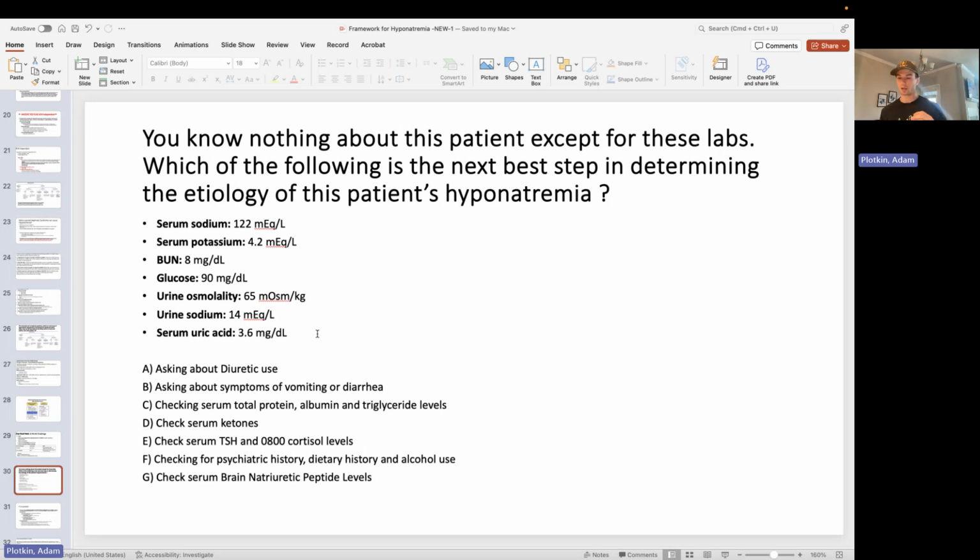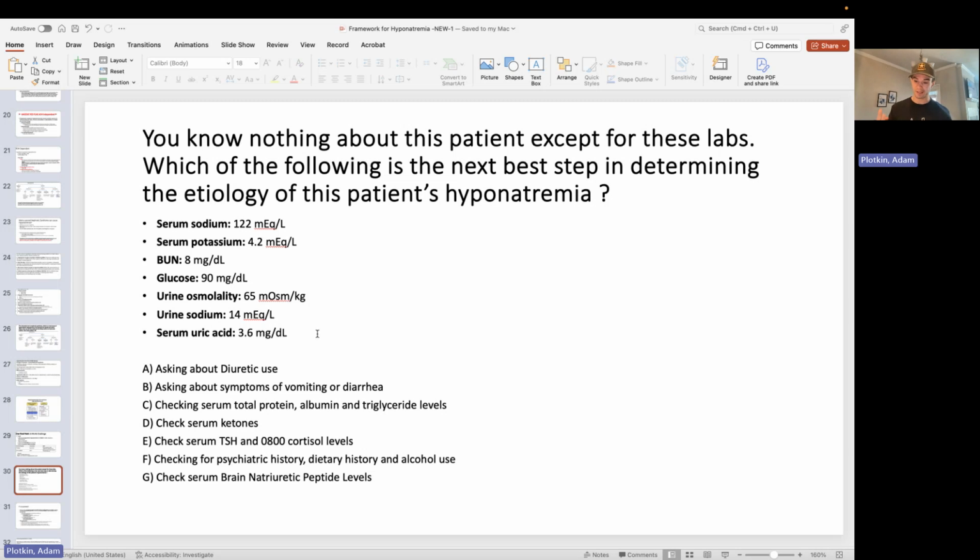Now remember our workup. If they're euvolemic hyponatremia, we want to consider, is this ADH active or is this ADH inactive? Okay. We look at their urine osmolality and their urine sodium, and they're both really dilute. Remember, that was that major red flag I told you about. In this case, ADH has been appropriately suppressed.